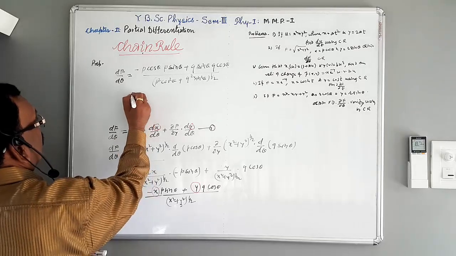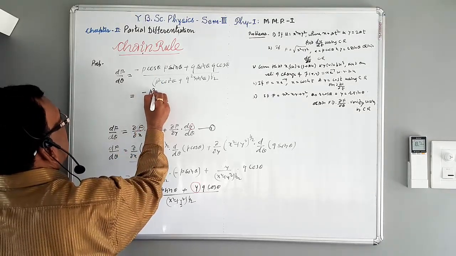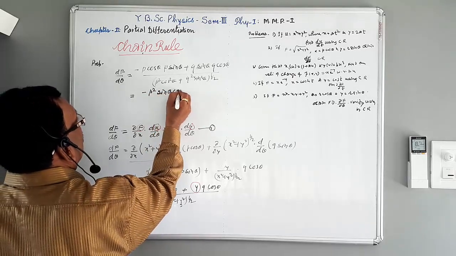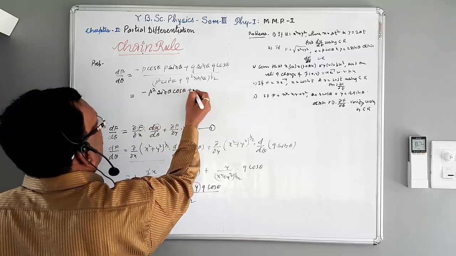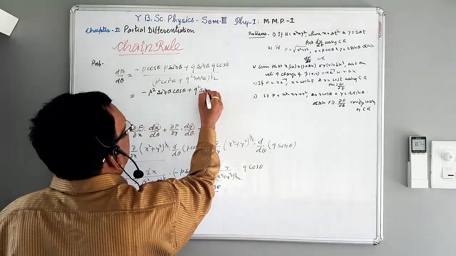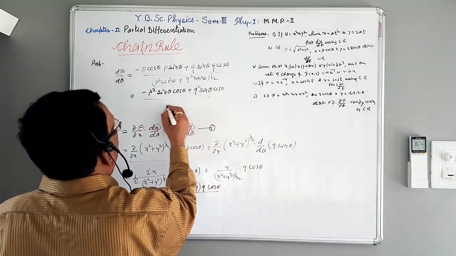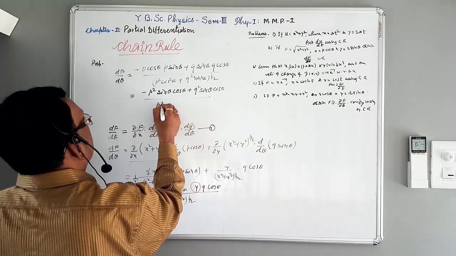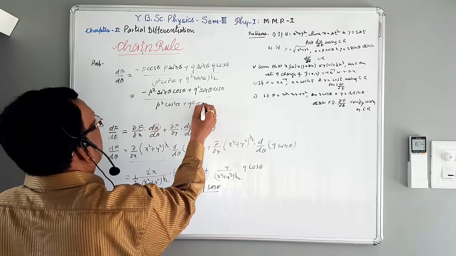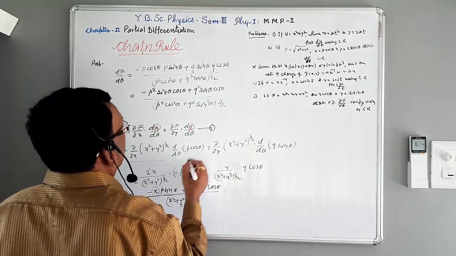Again simplify this term, minus p square sin theta cos theta plus q into q square sin theta cos theta divided by p square cos square theta plus q square sin square theta bracket raised to 1/2.